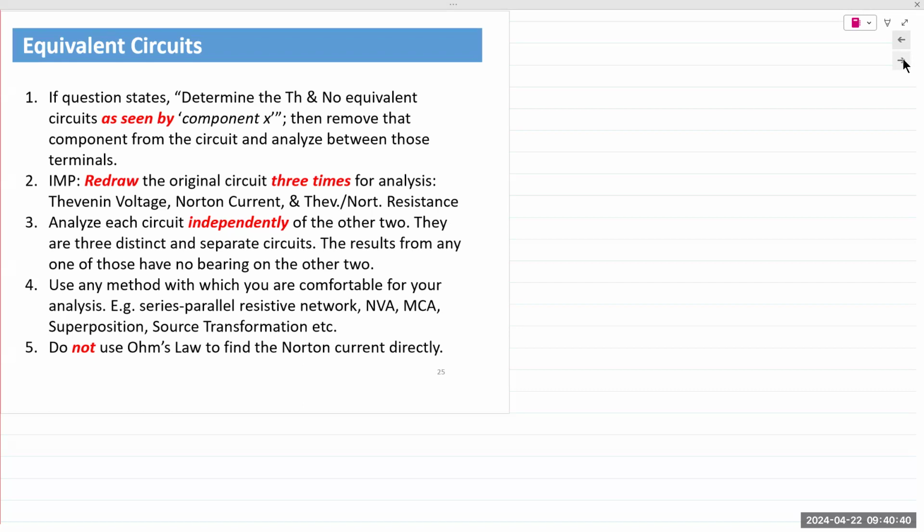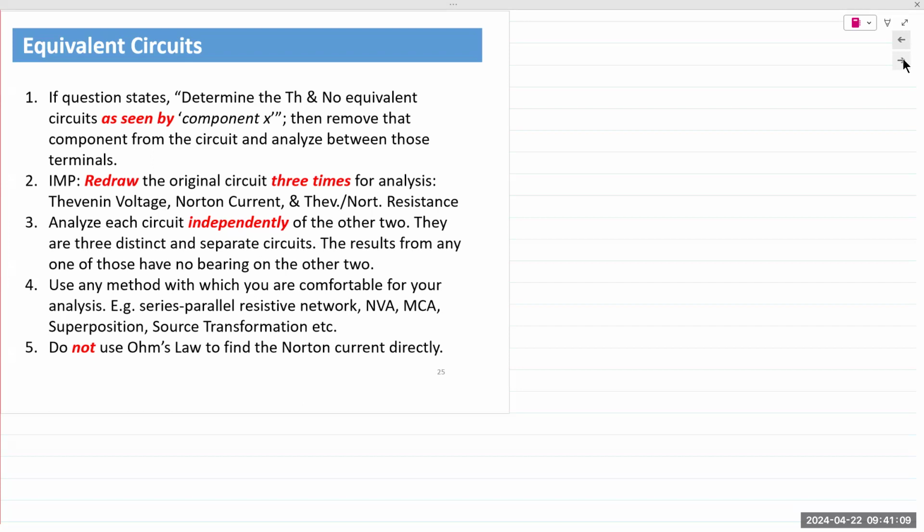So if it states that you have this circuit, find the Thevenin circuit as seen by resistor R6, or as seen by the voltage source V7, or as seen by the current source. It doesn't matter what component it is. Basically, the question is saying that you have to find the Thevenin resistance as seen by this particular component. Then you remove that component from your analysis.